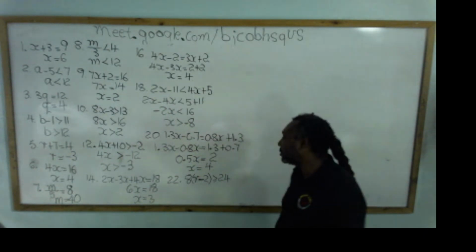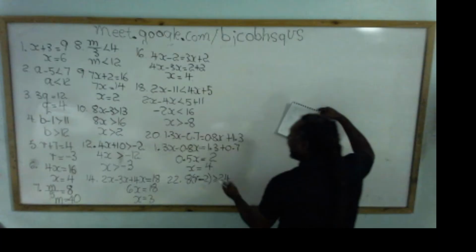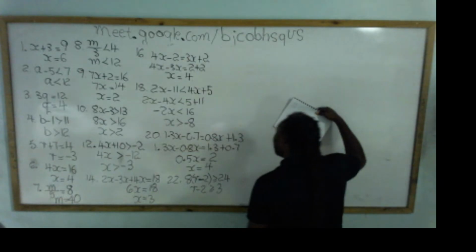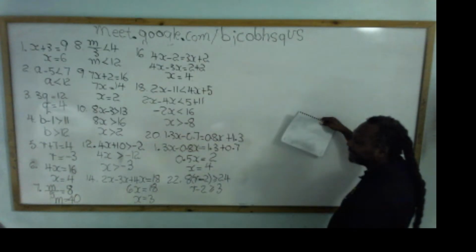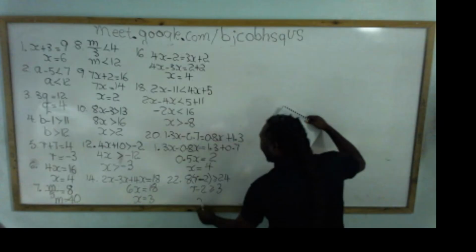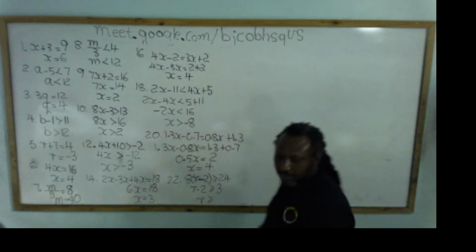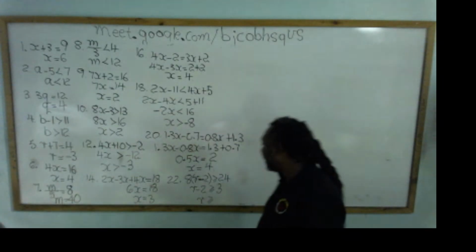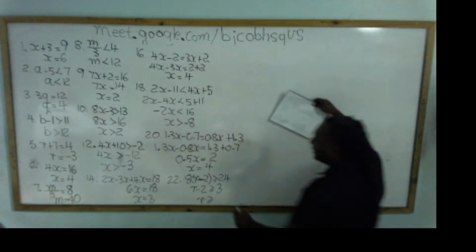So let's go. Divide both sides by 8. All we have is r minus 2 is greater than or equal to 3. And then we'll just eliminate that negative 2. R is greater than or equal to, I think, 5.